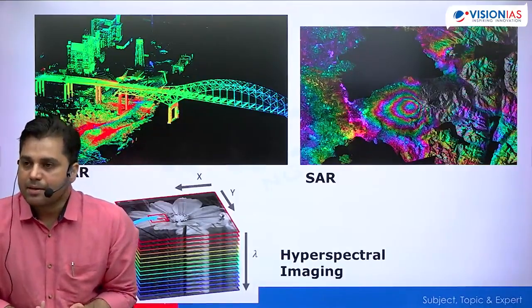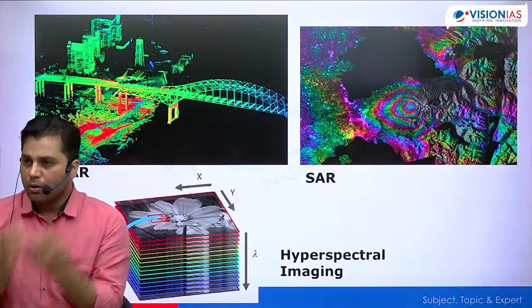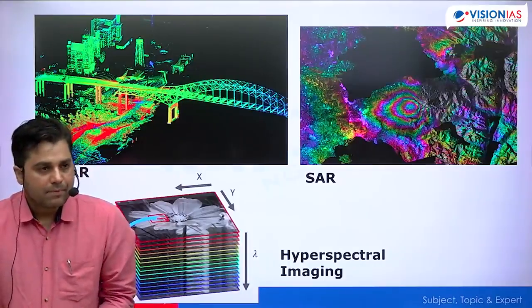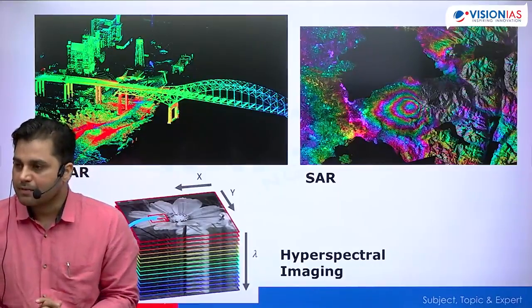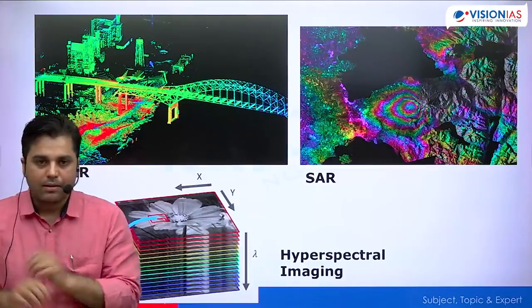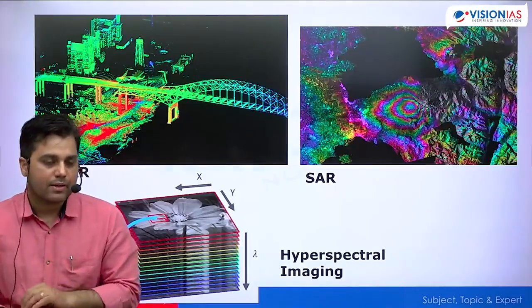So hyperspectral imaging allows you to know a lot about a particular surface by clicking pictures in various frequencies, not just simple red, blue, and green color, which we use in our day-to-day life.